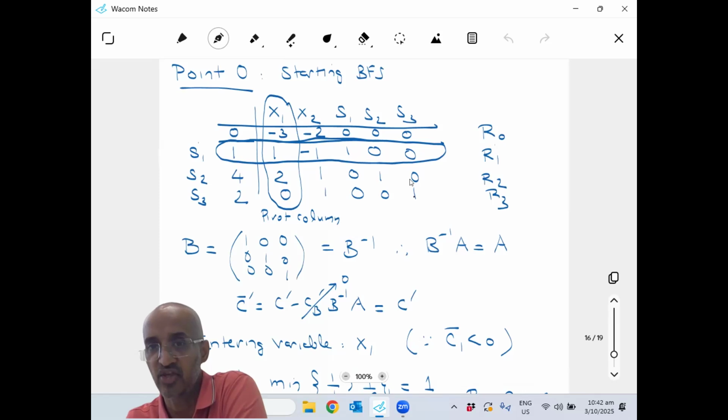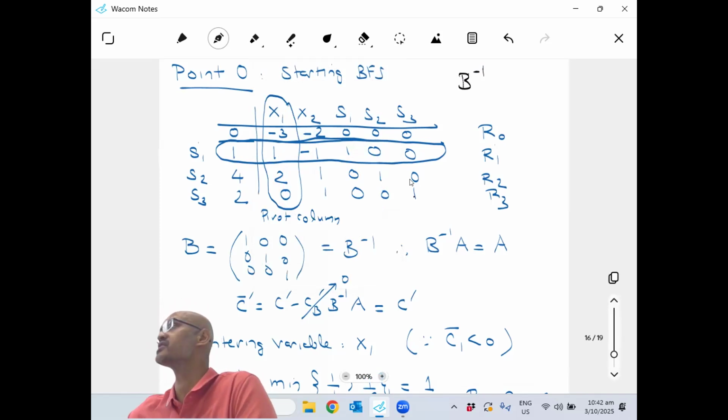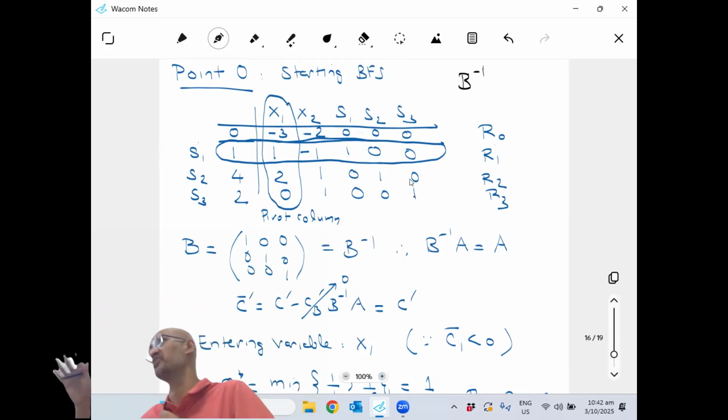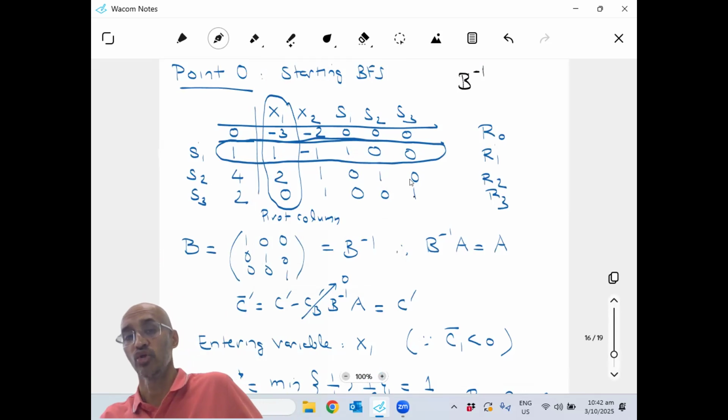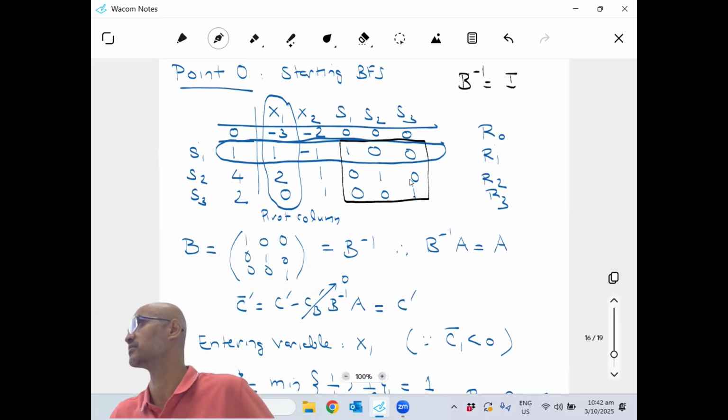So my point is wherever your original identity matrix in A is, that's where B inverse is stored. So for this, B inverse is simply these three columns. It's identity. The inverse of identity is identity.